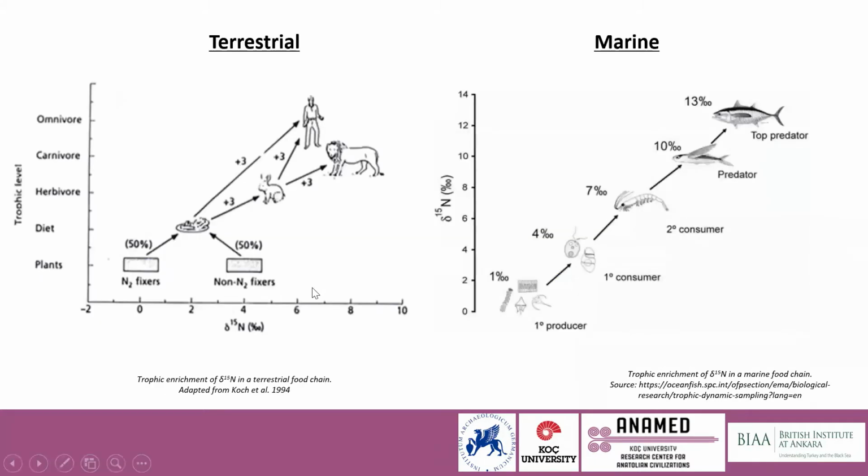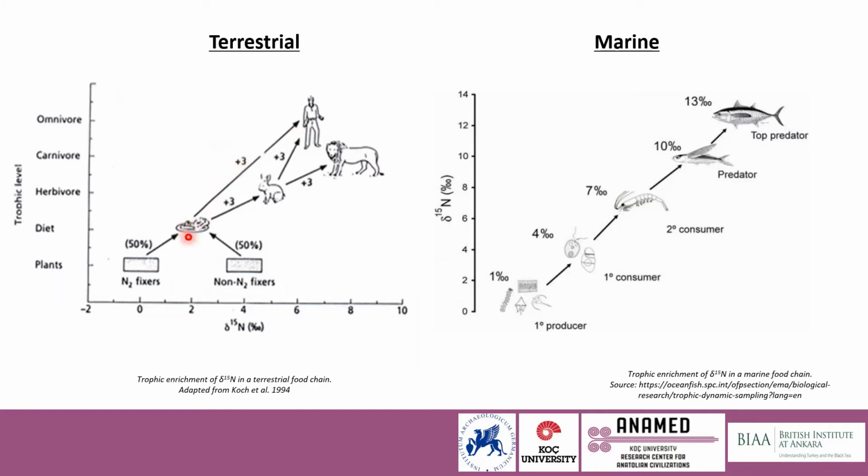So this is just to show you, if I can get the, here we go. On the left is a terrestrial food web, just a hypothetical example, and on the right is a marine one. You have your primary producers, plants, and as you go up the trophic levels in a food web, there's about a +3 per mil difference between diet and consumer.